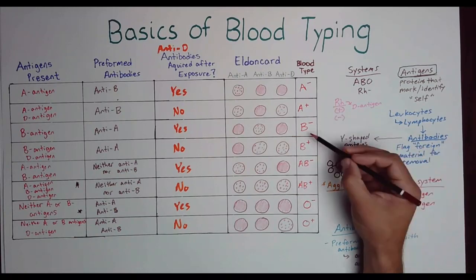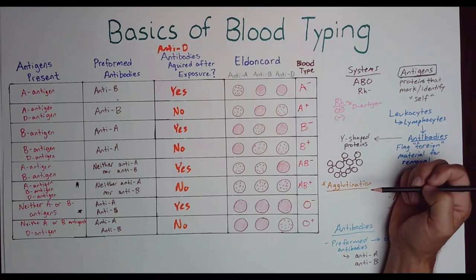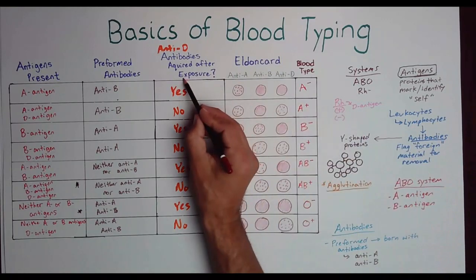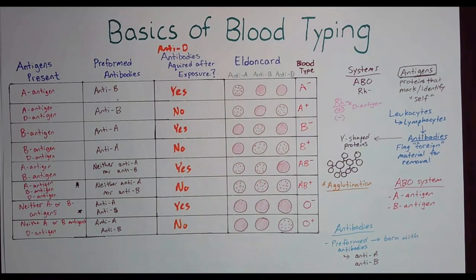And therefore the mother is going to recognize the baby potentially as foreign, but only once that mother's been exposed to the anti-D. So think about what would happen there. Childbirth is a bloody process.